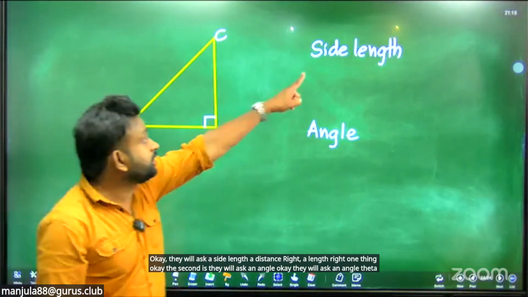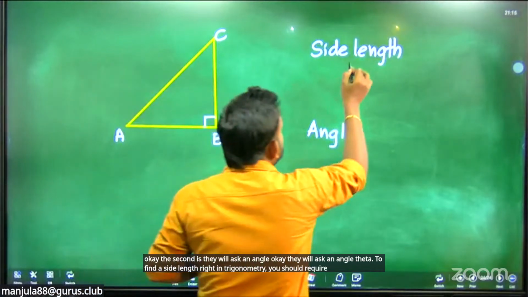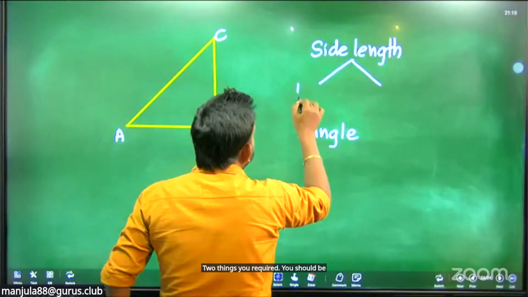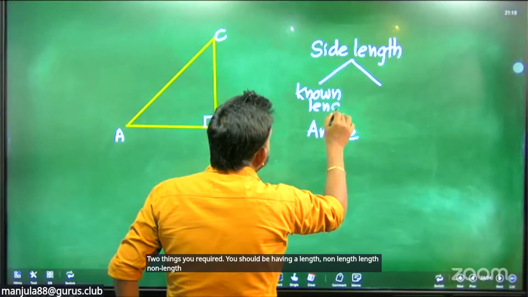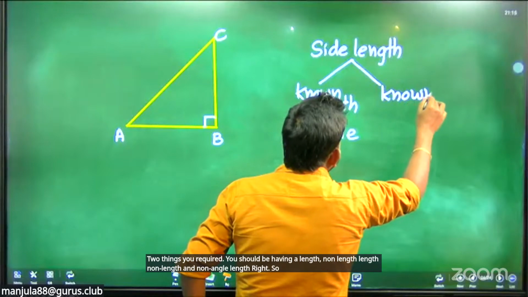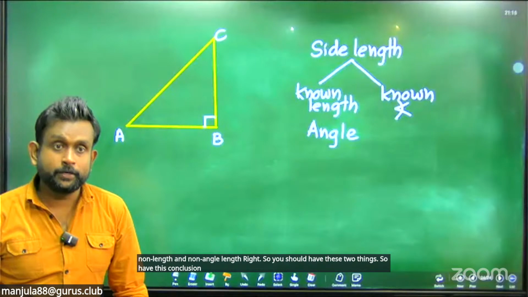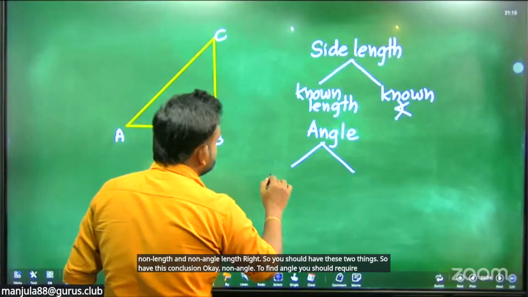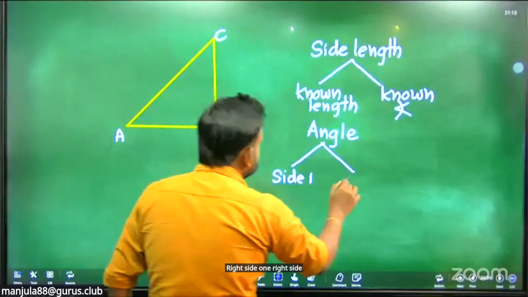To find a side length in trigonometry, you require two things. What are the two things you require? You should have a known length and a known angle, right? To find an angle, you require two known side lengths, side 1 and side 2.